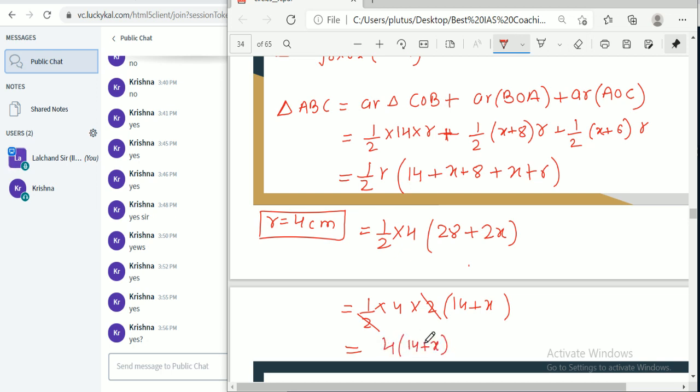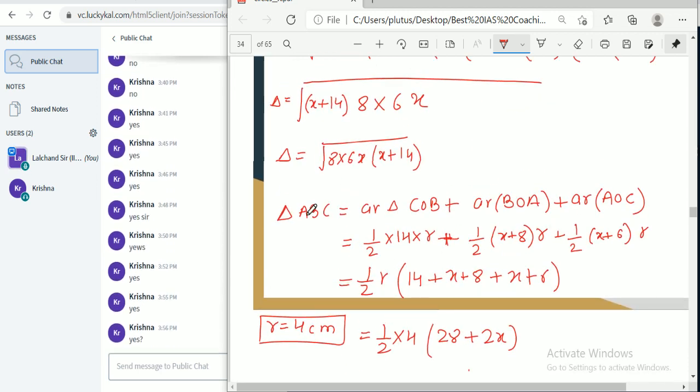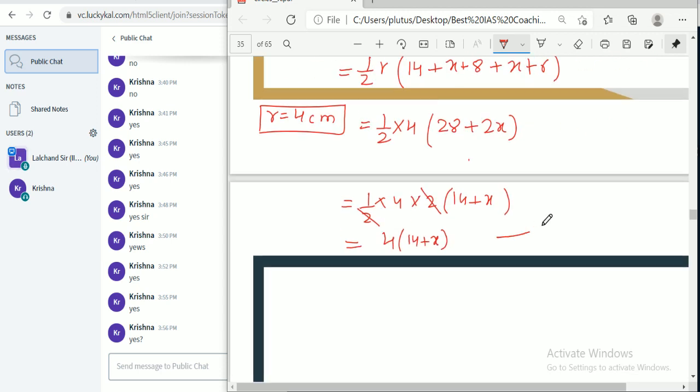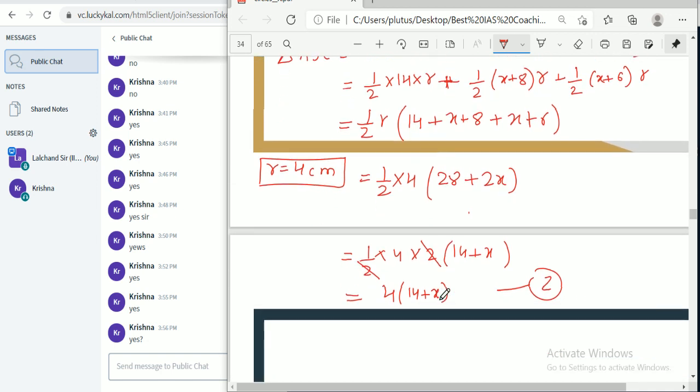Okay, so these two areas should be equal because we are calculating the area of the same triangle, triangle ABC, in two different ways. So this area from equation 1 and this area from equation 2 should be equal, isn't it?